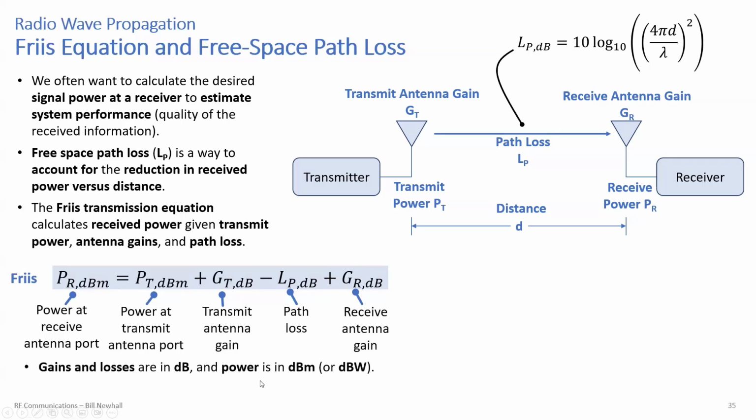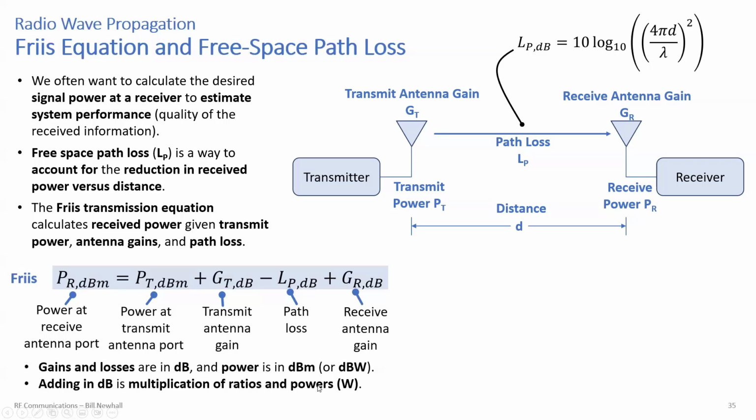You can add these values together or subtract them when you have these units in dB. Because remember, when you add dB values, that's like multiplication of ratios and powers together. And so a lot of times you can do the addition in your head.